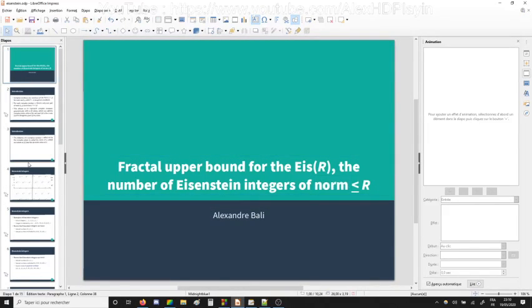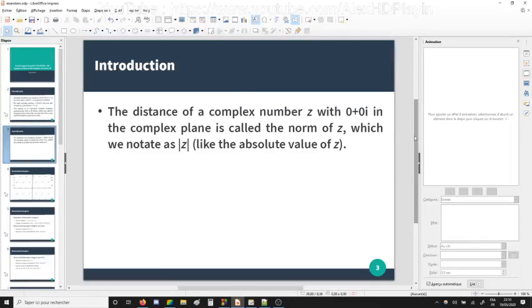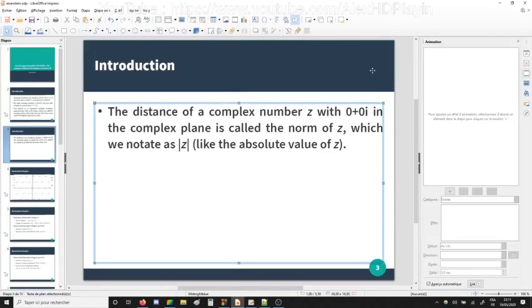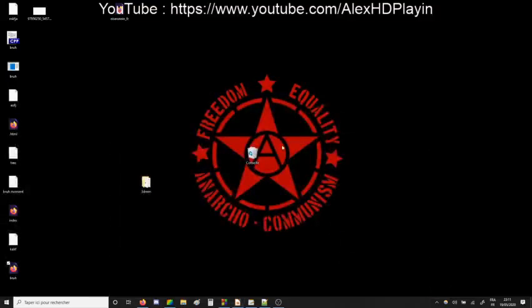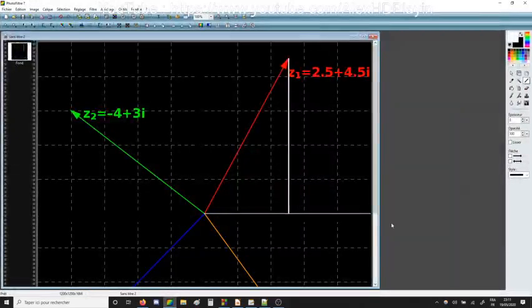And we notate this norm as that, the absolute value of z. But it's just trivial, we won't actually use it. But just for the sake of it, here's how you compute the norm.